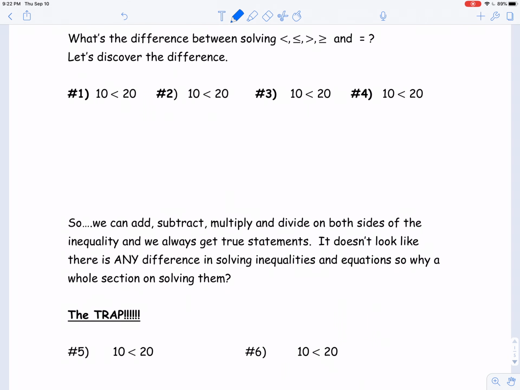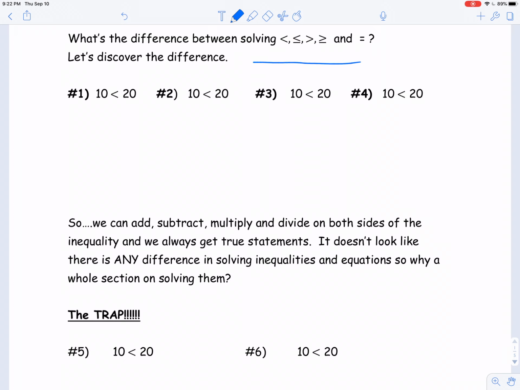Notice that I've got the same thing written, 10 is less than 20, and I've got that written 6 times. So I'm just using this to prove a point. We can all agree that 10 is less than 20. No questions there.